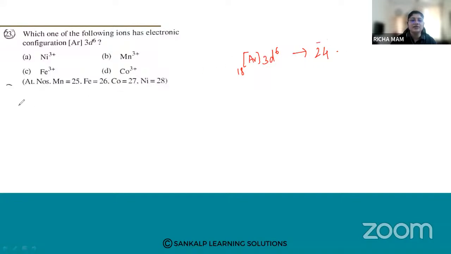Here they have already given the ions in their oxidation states.